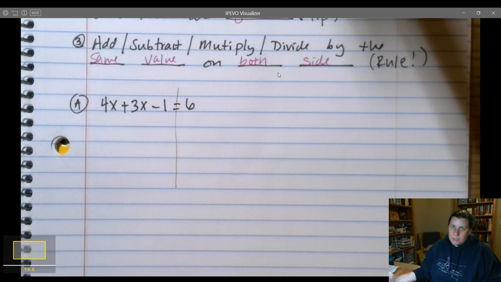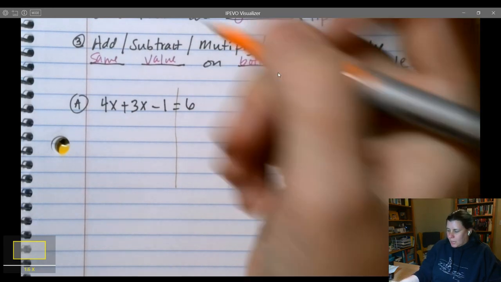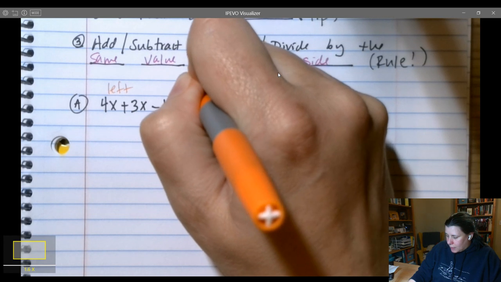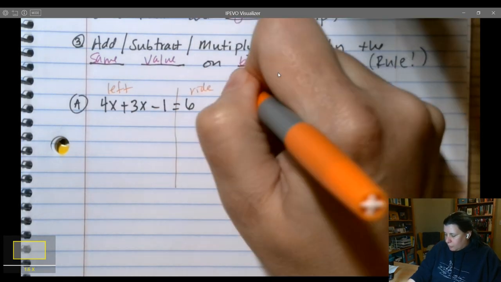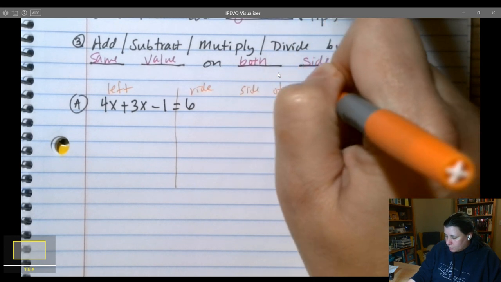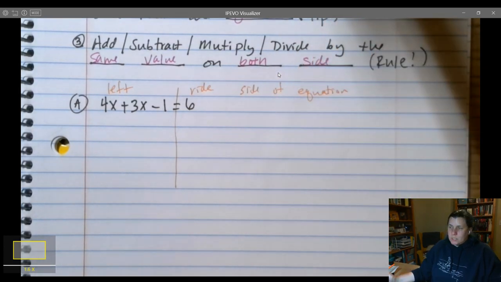That line is like my equation line, so that when I talk about both sides, this is the left side and this is the right side of the equation.